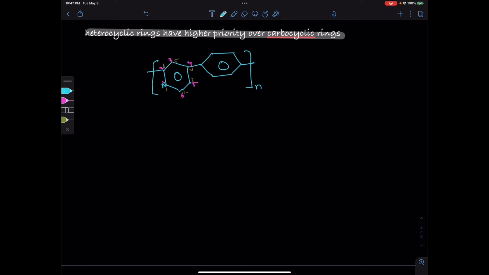So let's start writing. It will be poly, and the pyridine ring goes first because that has the heteroatom. 2, 4 pyridine diol. We use the suffix diyl, diol. And then let's number this 1, 2, 3, 4, or even if we go this way, it would be 1, 2, 3, 4. So it would be 1, 4 phenylene.